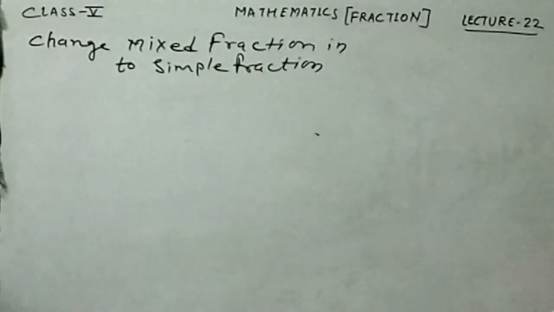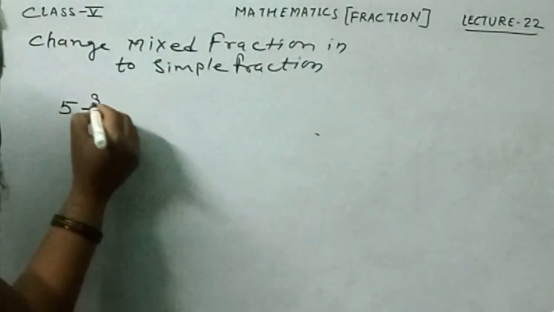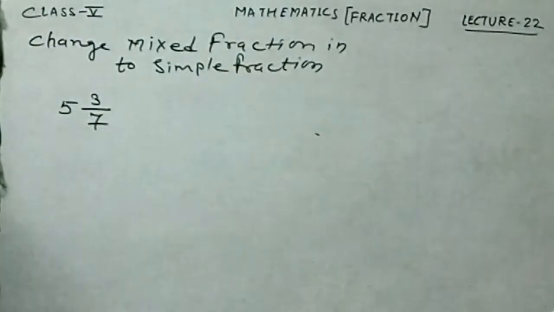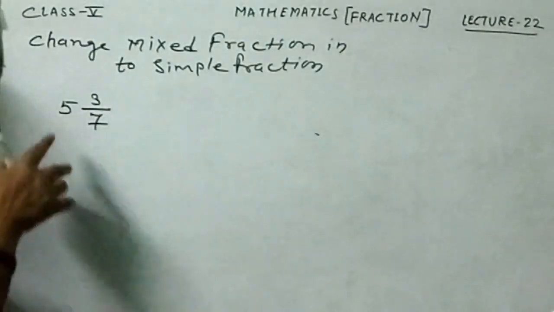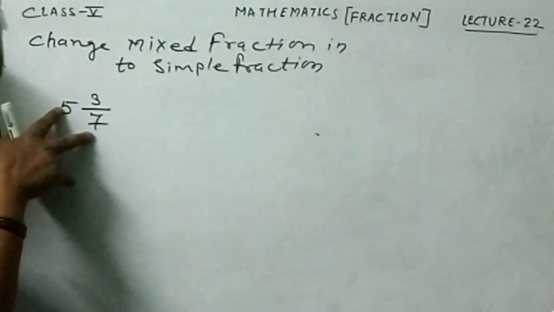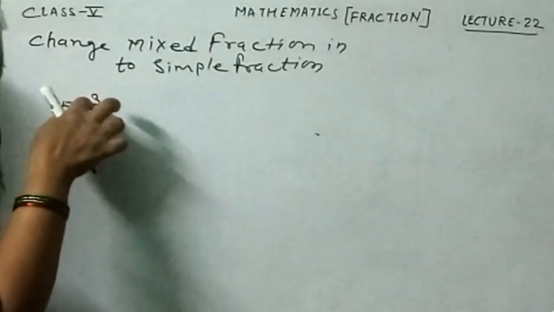See here, the next example I am taking from your book: 5 3 by 7. What I told, these two numbers will be multiplied. You have to multiply 5 and 7 together, and after multiplying you have to add the upper number.